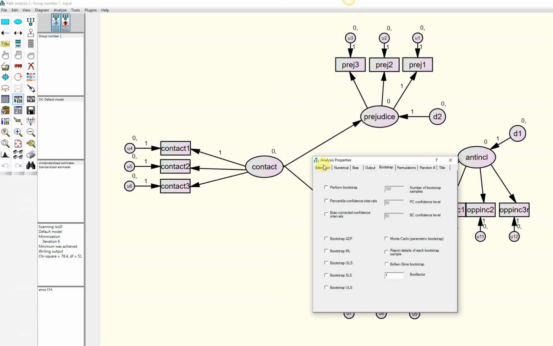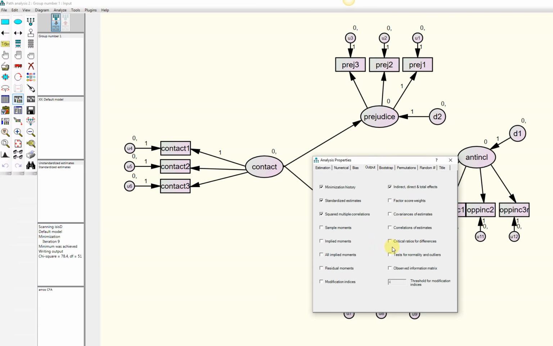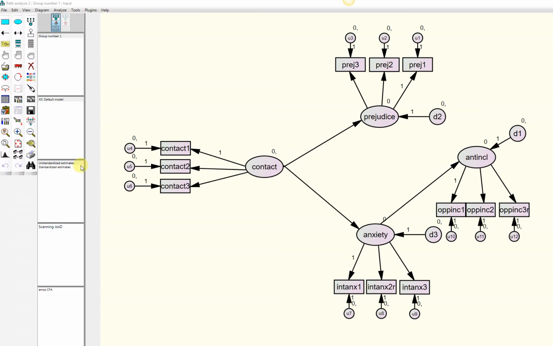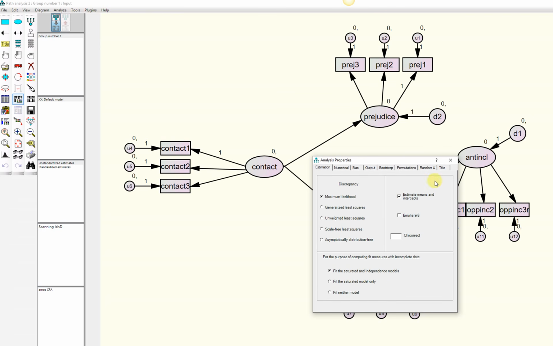And under output, if we want to see what further happens, I can click on modification indices, which gives you some empirical approaches to looking at adding different parameters within the model. If you click on this and try to estimate, you'll see an error.